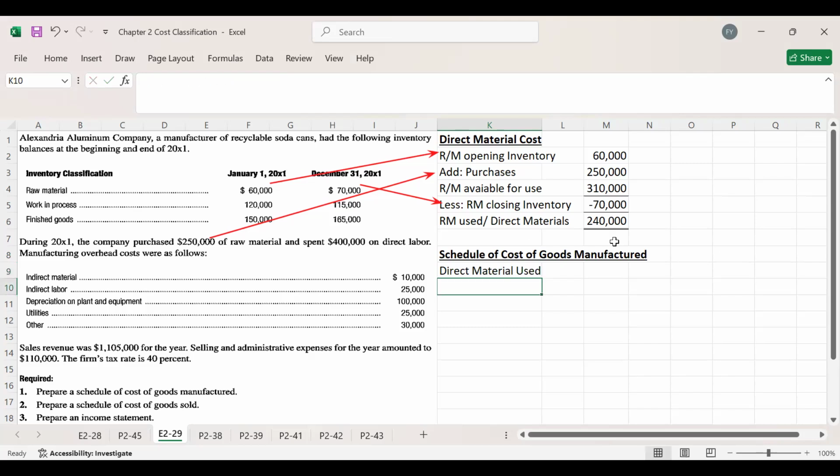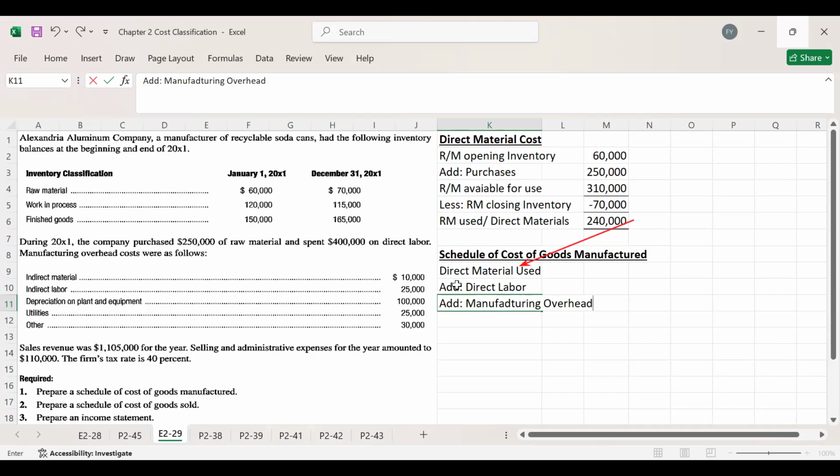So we have direct material used, which we have already calculated. Here we have direct material used. Then we add direct labor and add MOH, or you can say manufacturing overhead, in order to get total manufacturing cost.